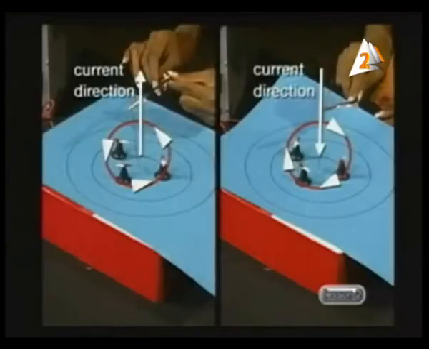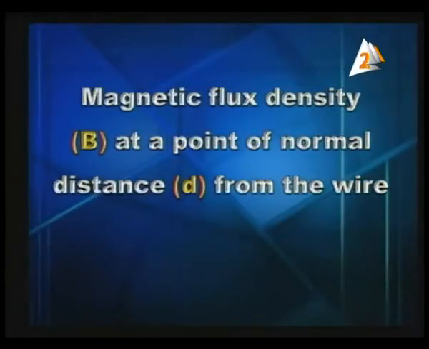Note, the direction of the field depends on the direction of the current. What does it mean? If the direction of the current is reversed, the direction of the field will also be reversed.